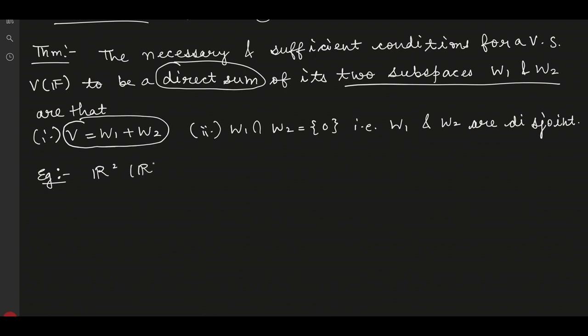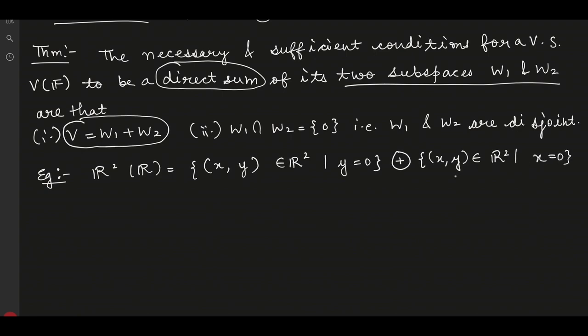R square over R is equal to W1, the set of (x, y) belonging to R square such that y is equal to 0, direct sum W2, the set of (x, y) belonging to R square such that x is equal to 0. So this is one subspace, this is the second subspace.